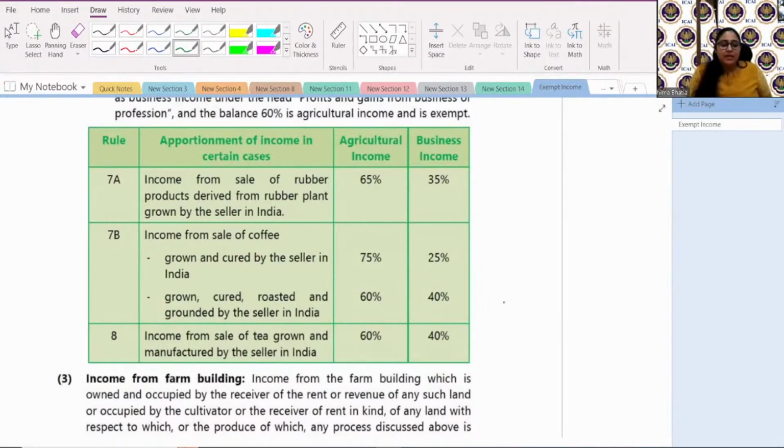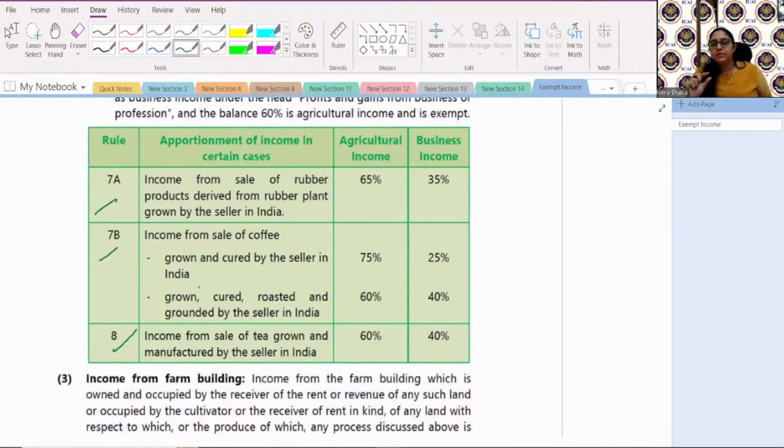Rubber के case में भी latex एक plant होता है, वहाँ से rubber is derived. Rubber as in that rubber part जिसका आप slippers पहनते हो. So again, there is land involved, but there is also a certain degree of manufacturing process involved. So instead of deep diving into dividing based on market value and all those things, the income tax has defined rules 7A, 7B, and 8.